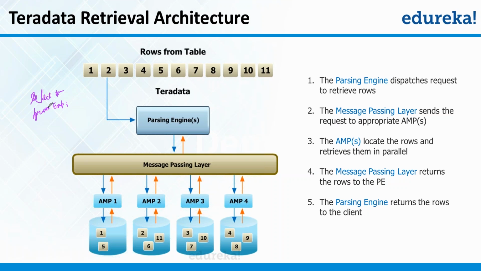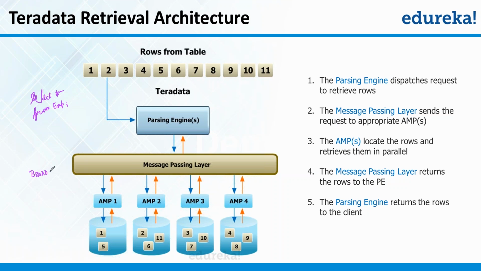Okay, all right. So what happens here is that, look at this, there is no where clause. So I need to get all the data out. So what is the kind of protocol that gets invoked here from the BYNET? The protocol is a broadcast protocol, correct?